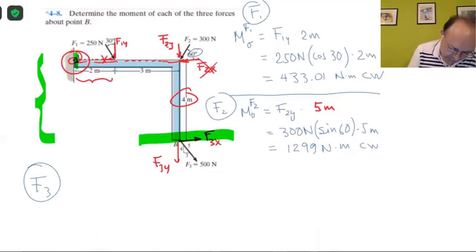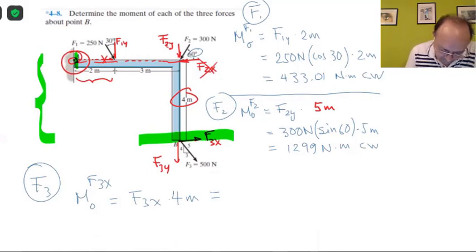So I have that the moment of F3x with respect to O will be equal to F3x times 4 meters, and F3x is, given this 3, 4, 5 triangle, 3 over 5 of 500 newtons.